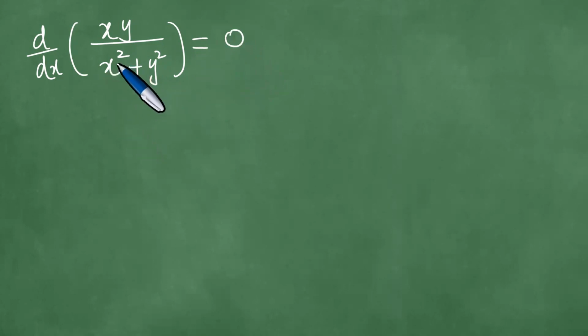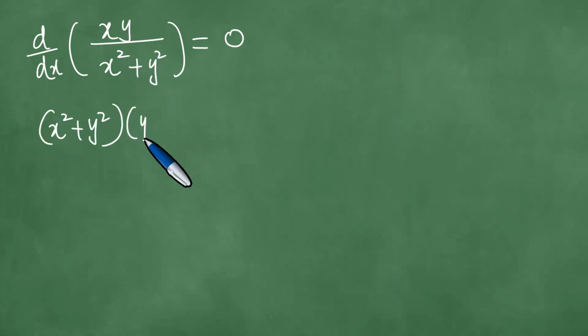Right, so we're going to use the quotient rule to perform the derivative of this. We first write down the denominator, like so, and then we differentiate the top.